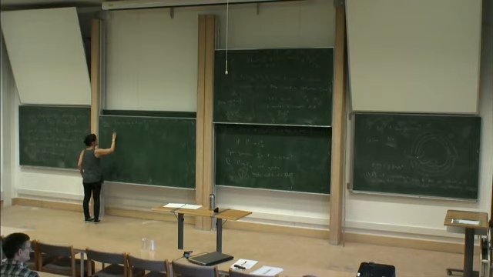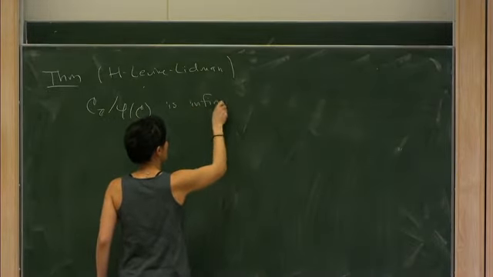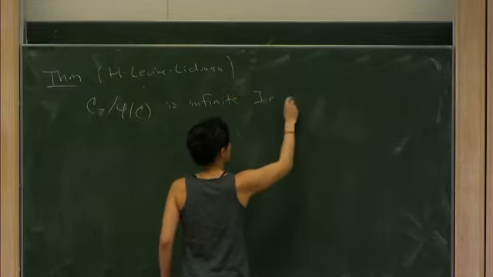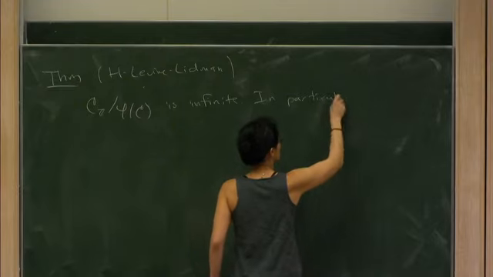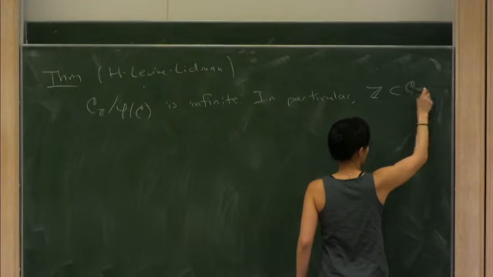So this quotient is infinite. In particular, Z sits inside this quotient as a subgroup.